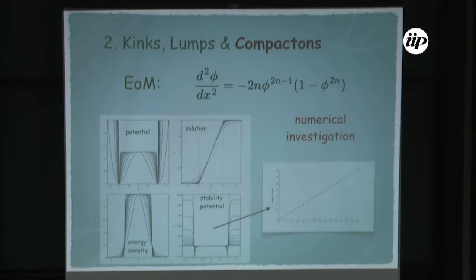The parameter is doing this. And the solution, which is the kink, the hyperbolic tangent, is going to concentrate around this compact interval. The energy density, which we plot here, is localized and goes exponentially to 0, and it is going to concentrate in this region.